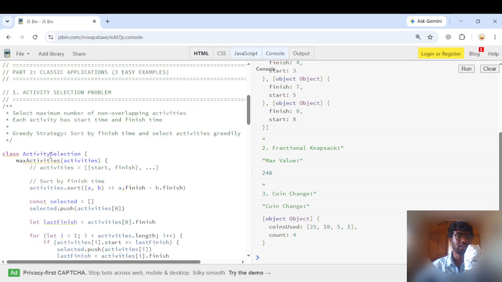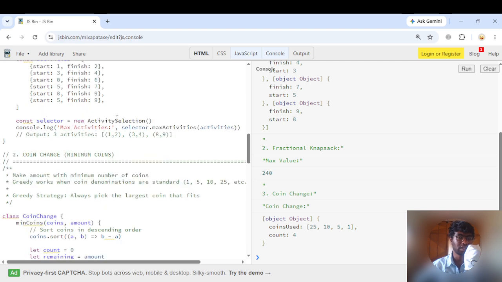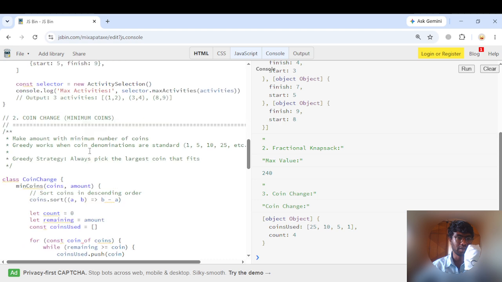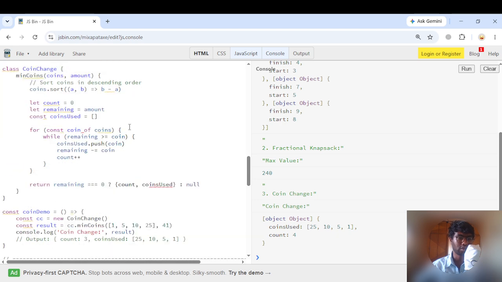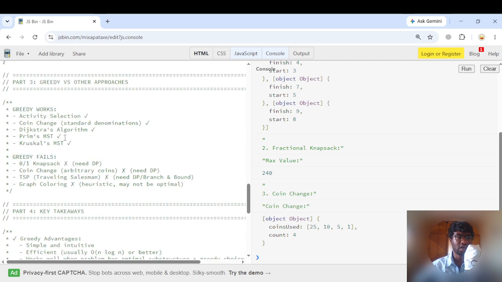There is also another example that I have placed here with activity selection, the one that we discussed. Do check this code implementation. I have also pasted a few notes here on greedy versus other approaches. Coin change and such problems are easy, where we are asked to find the most optimal path at a specific point.